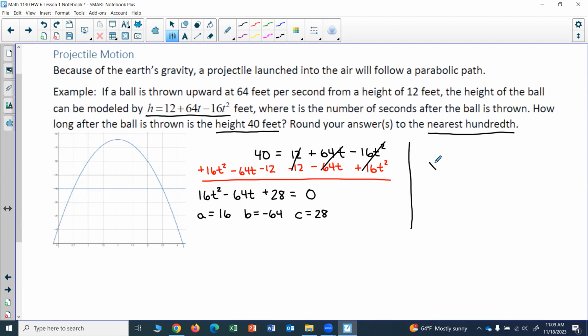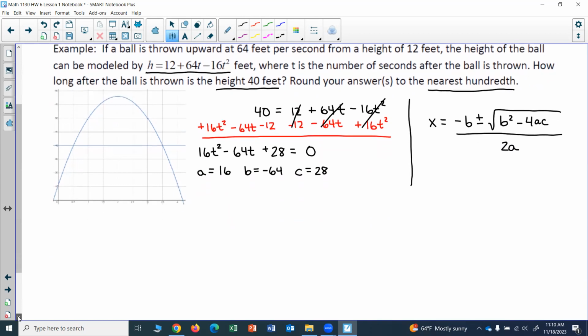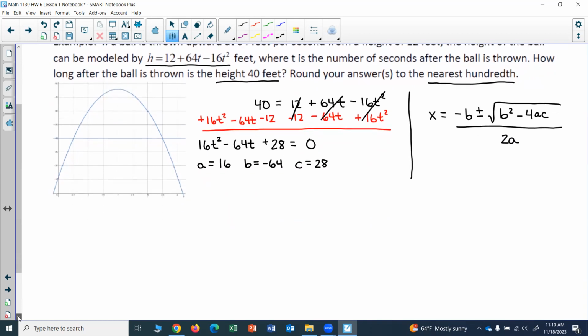We have x equals negative b plus or minus the square root of b squared minus 4ac, all over 2a. I've identified my a, b, and c. You cannot identify them until your quadratic equals 0, so I had to do that part first.